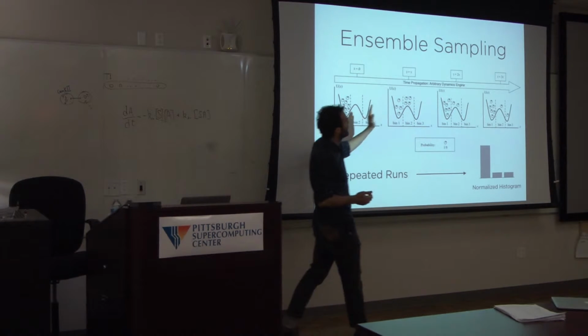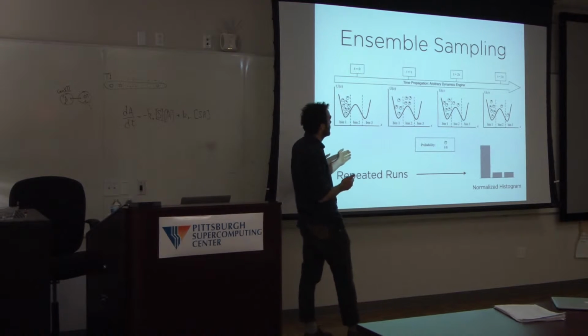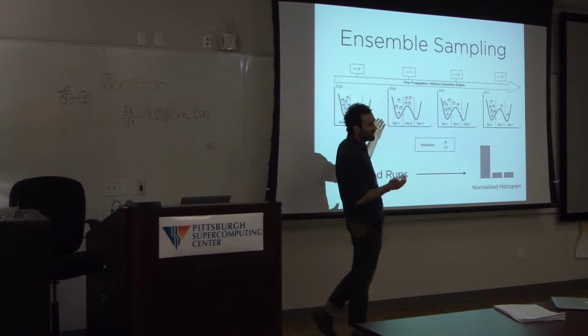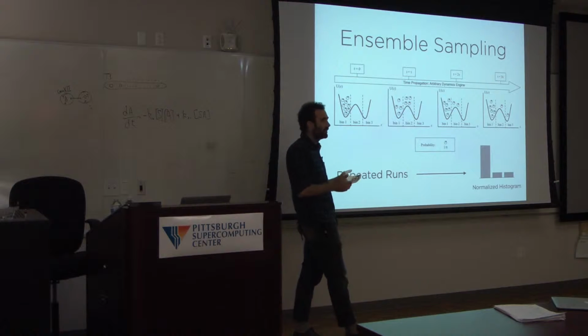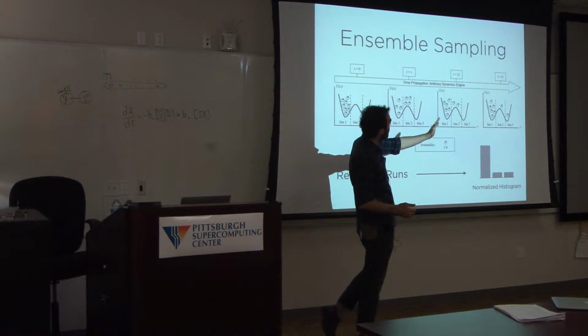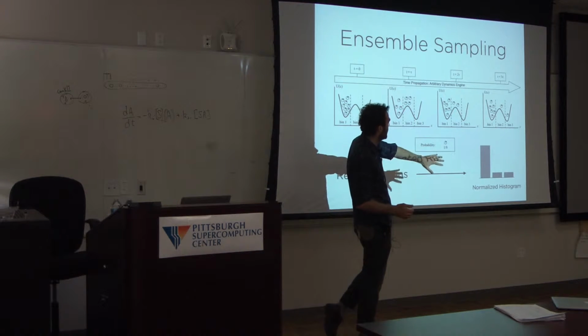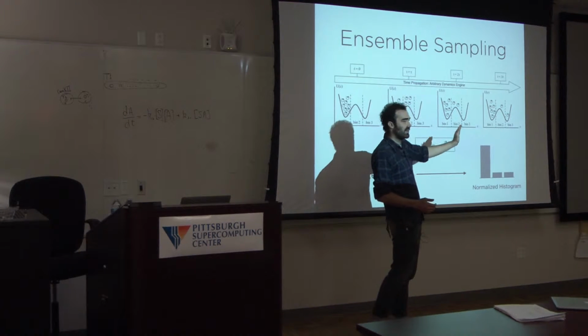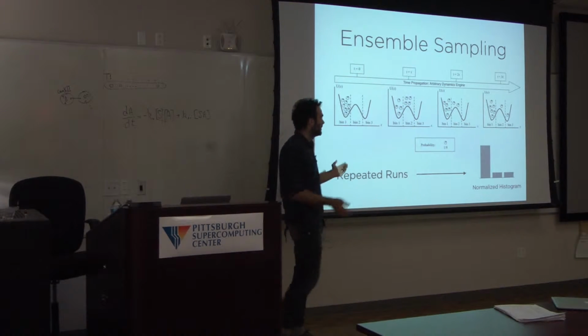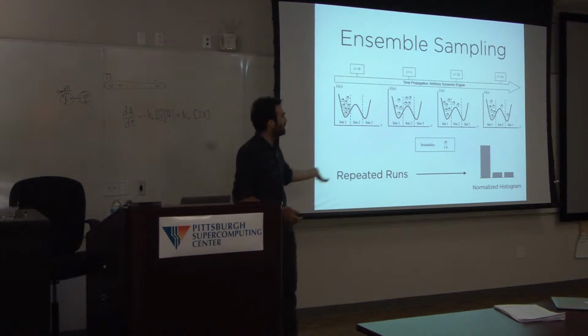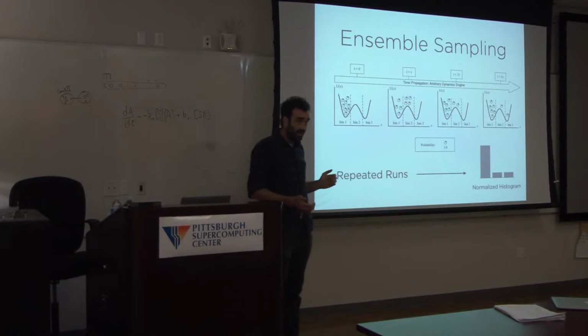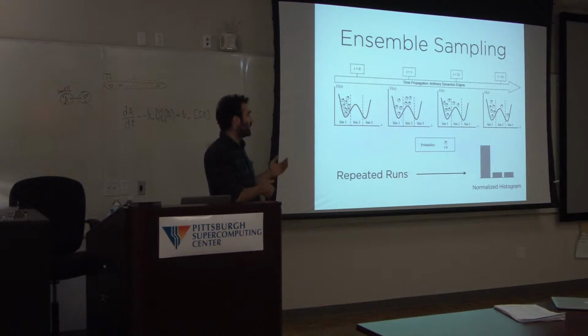And then I step through time. And at each time step, each trajectory has a different random seed, so they do slightly different things, right? And by the end of my simulation, after 3 time steps, I have this histogram of where things might be. That's my belief of what would happen. And so I do a bunch of repeated runs, and I can make this histogram. I normalize it, and it's a probability distribution.